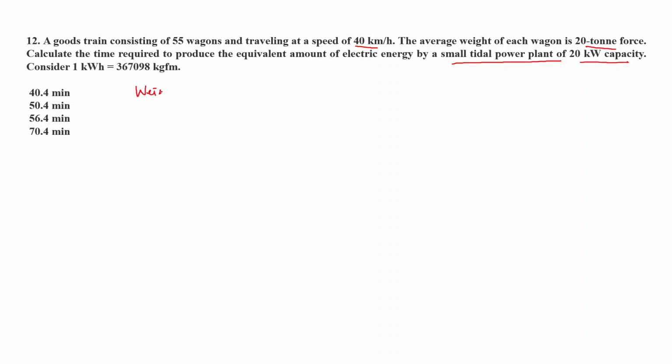So the weight of the goods train: it is 55 wagons, so we will calculate the total weight. As it is given, 55 wagons and the weight of each is 20 tons. So 20 ton is 20,000 kg force.